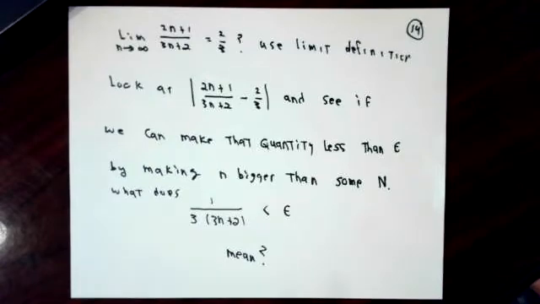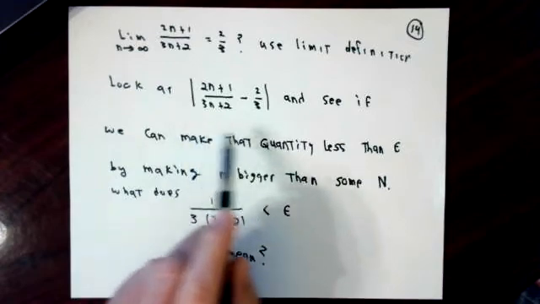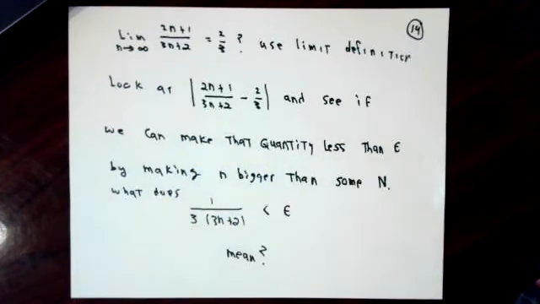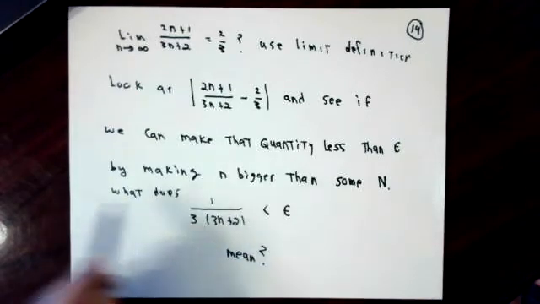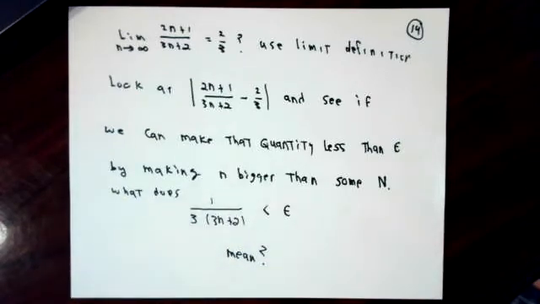What I have to do is look at the distance between a sub n and 2/3 and see if I can guarantee that this is going to be less than some positive number epsilon by making little n bigger than some particular index capital N. So I'm going to have to work with some inequalities here. I have to think about what it means for 1 over 3 times 3n plus 2 to be less than epsilon.